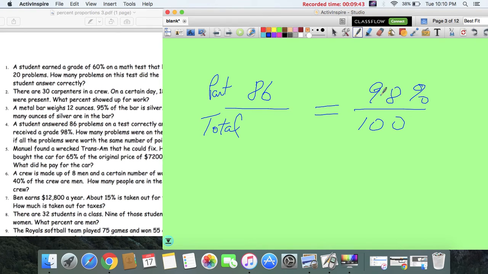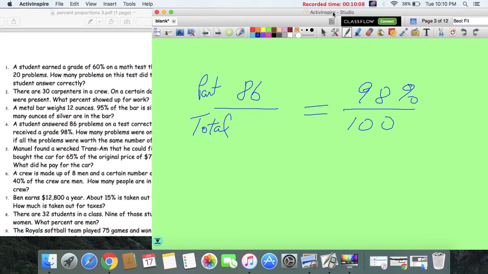If I divide this by 2, no, 7, 86, that's not going to work. 98 divided by 7 I'll get 14. 86 divided by 14, no, that's not going to work. Okay, so I might have to redo this.